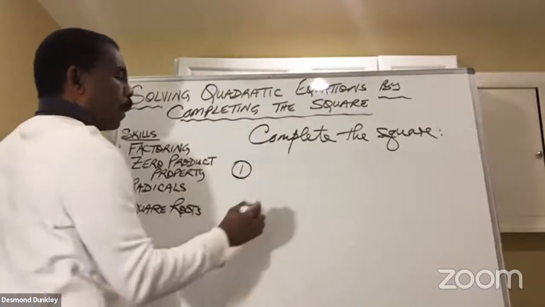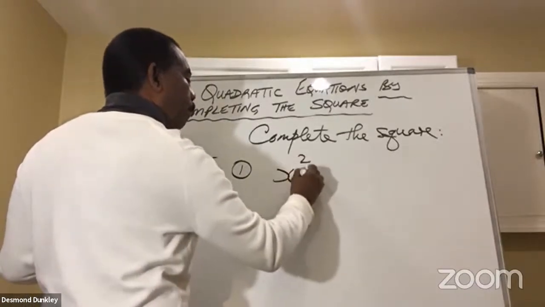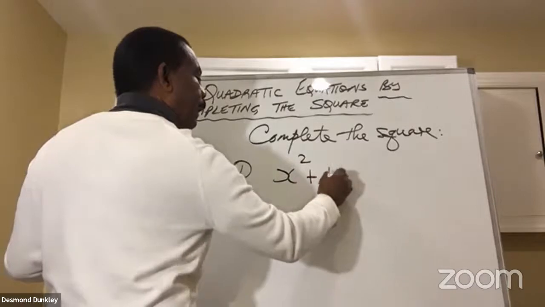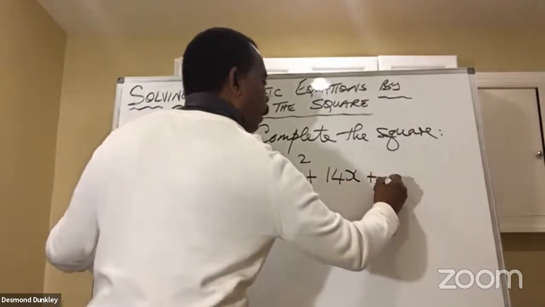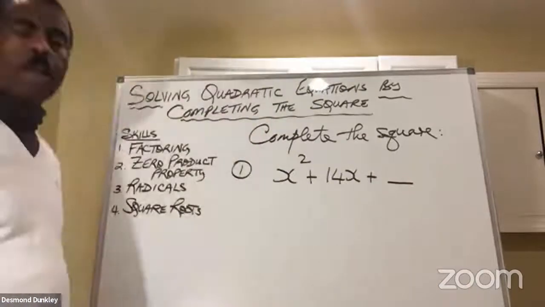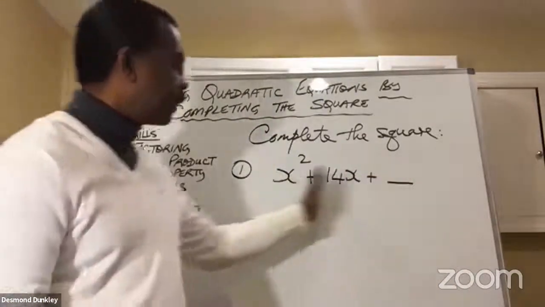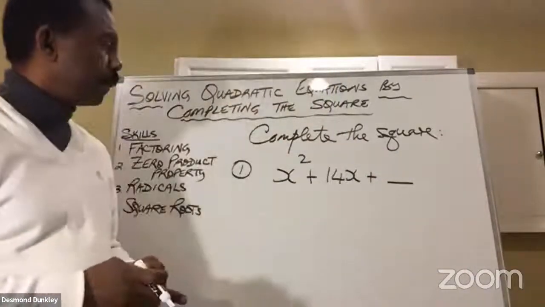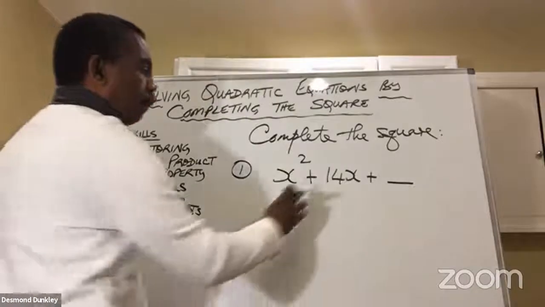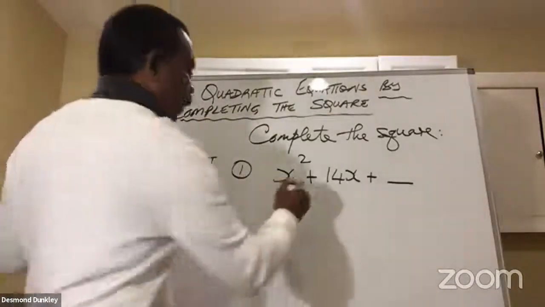One. If I gave you x² + 14x, what should I put here so that this is a perfect square? Well, the middle number we know comes by what we're trying to do.